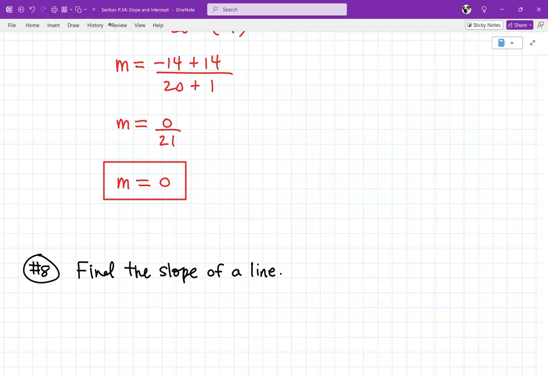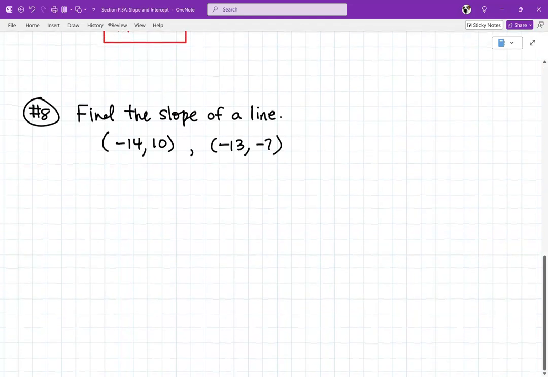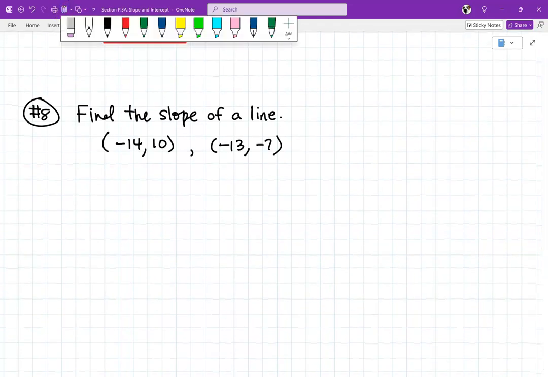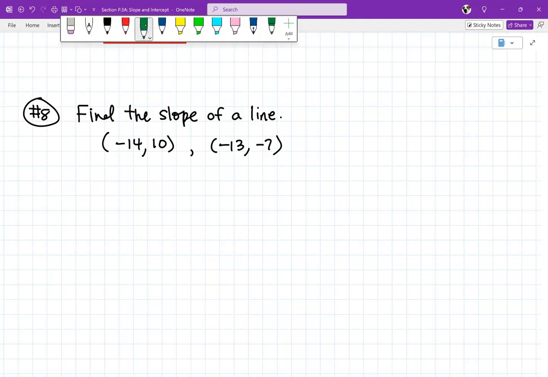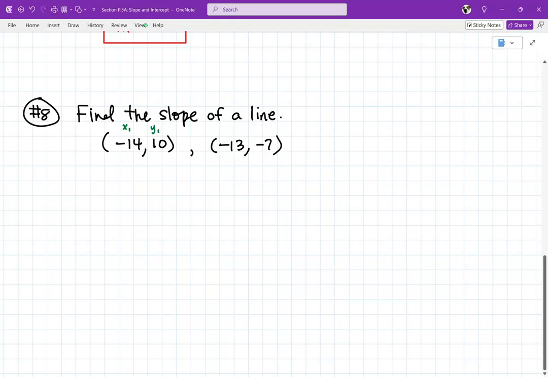And here are the 2 points that they're going to give us: negative 14 comma 10 and negative 13 comma negative 7. So those are my 2 points. Again, I like to write down my x1, y1s, my x2, y2s. That way I don't mess up figuring out which one goes where. So I'll just write it down, x1, y1, x2, y2.